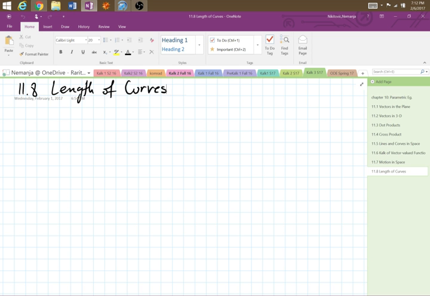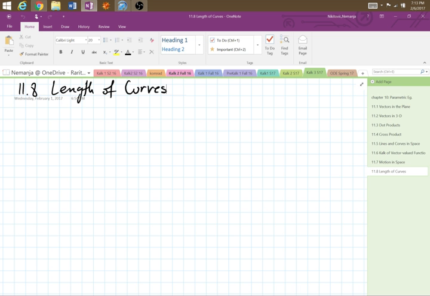So, we want to know the length of a curve in space. And we have this particular curve. In some cases, it's easy to stretch the curve and measure it, but in some cases, like a road that winds around a mountain, you can't really stretch it and measure it.